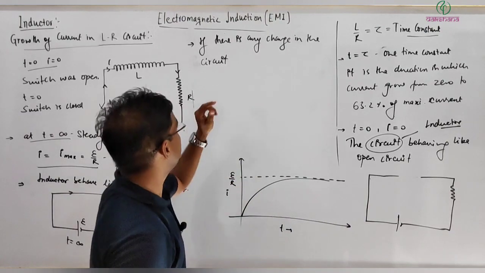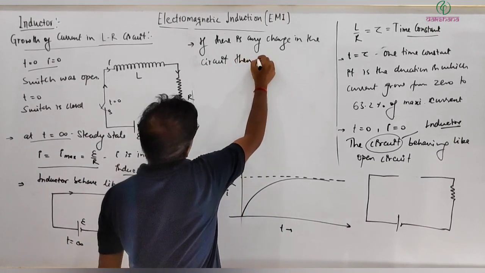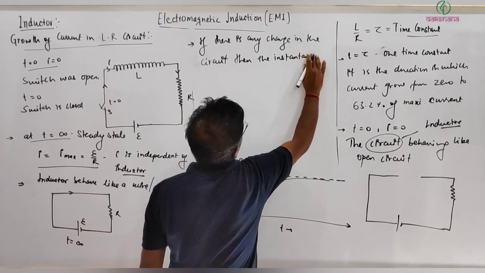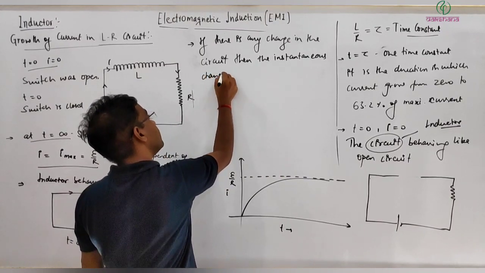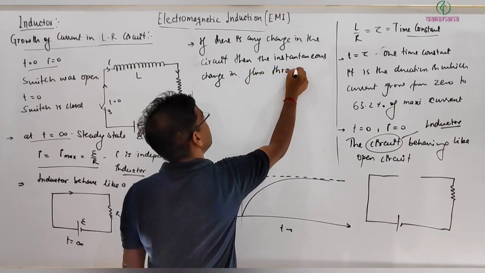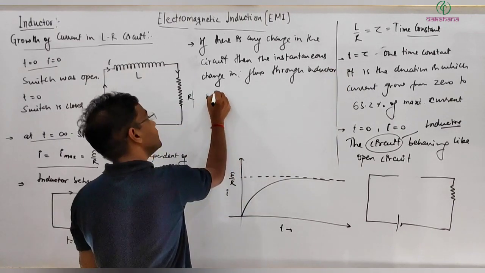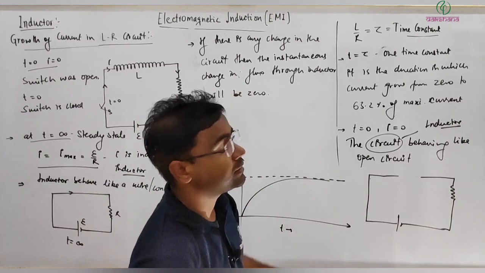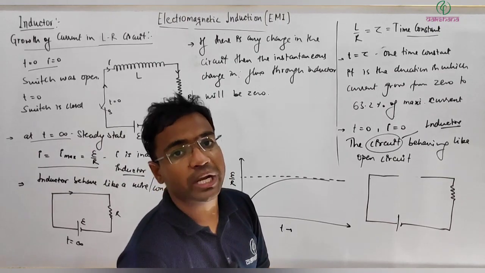If there is any change in the circuit, then the instantaneous change in flux through the inductor will be 0, or I will write it better another way: there will be no change in flux through the inductor.